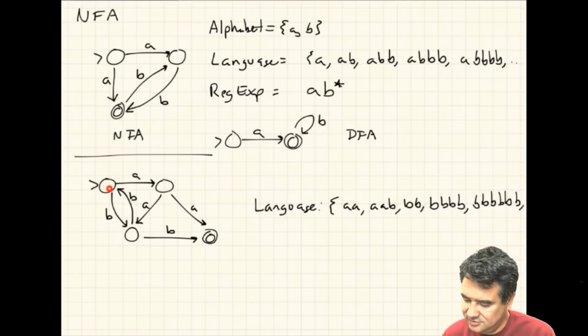Let's see. We could do A, and then an odd number of, let's try again. A, and then B, B, B, B, B. So it's 2 A's and then 3 or more B's.